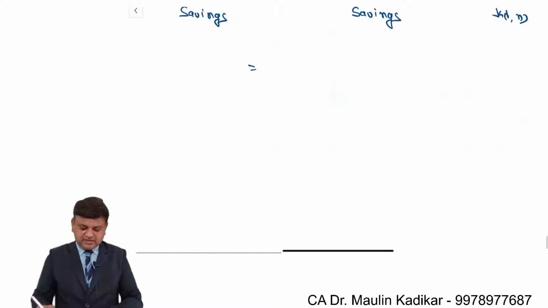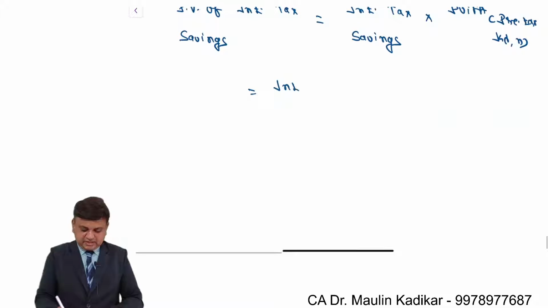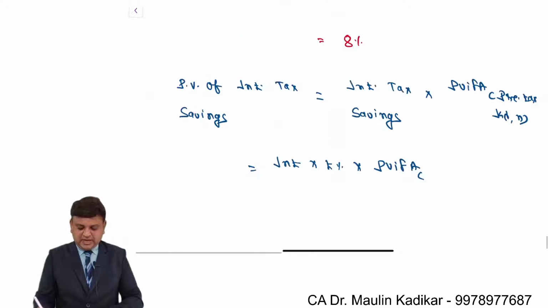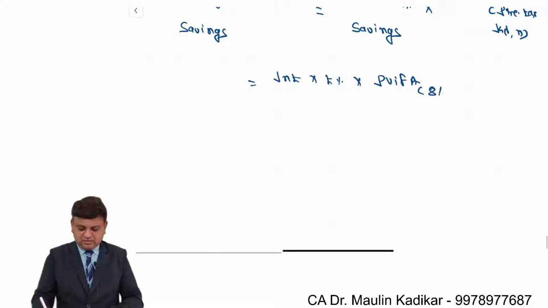Okay, what is the interest tax saving? It is amount of interest into tax rate into PVIFA at the rate of 8% for 15 years.